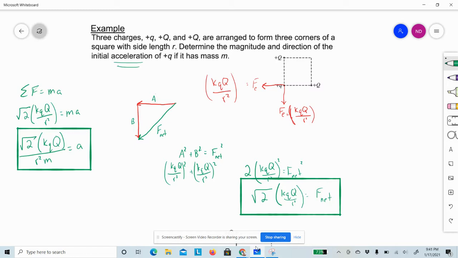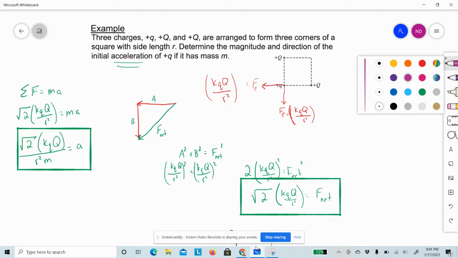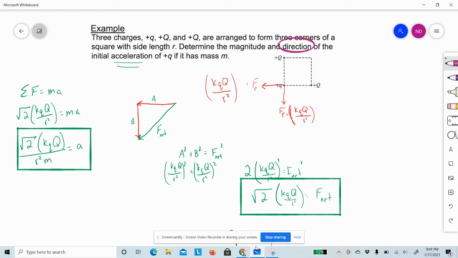There's your real answer for the acceleration. Now the other part: we got the magnitude, but we were also asked for the direction. We add these together, right? We're going to solve for theta, that angle.